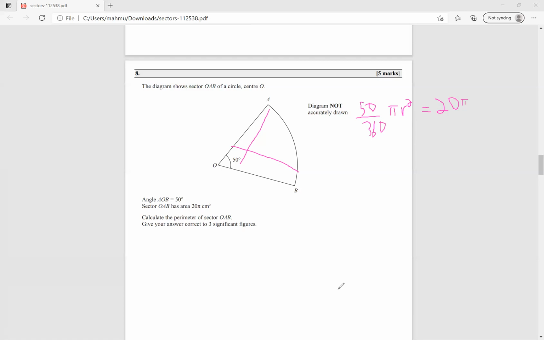Rearrange and make R the subject. Yep, that's the first part. Very good.